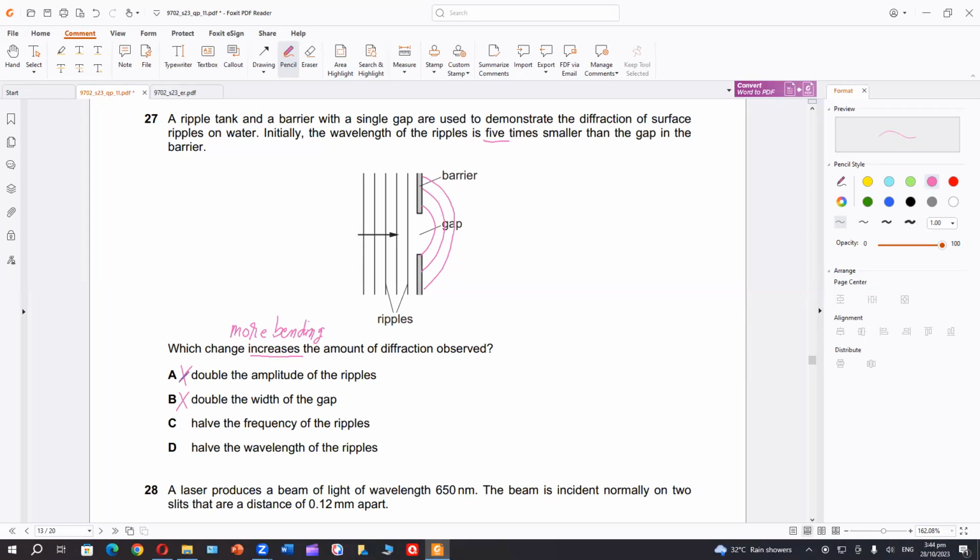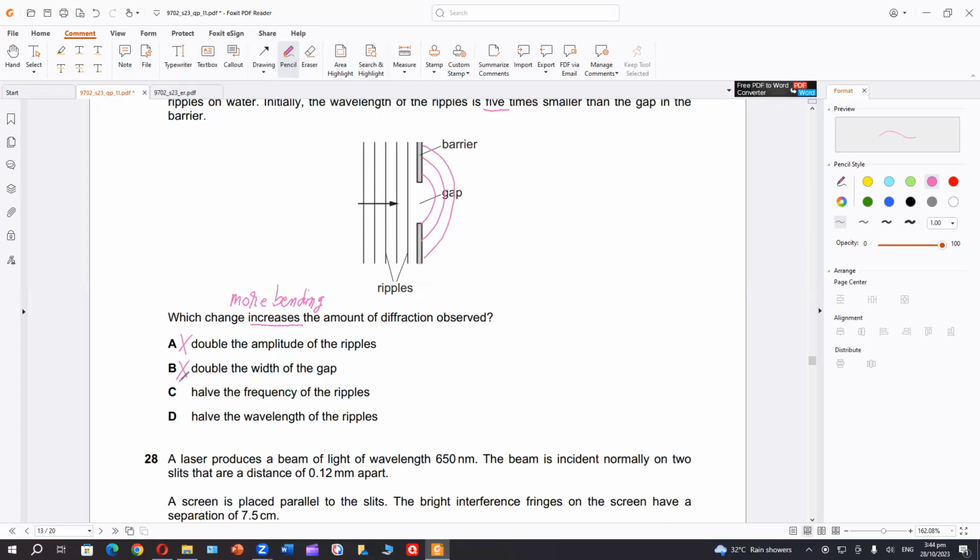Half the frequency of the ripple, velocity is constant. If I keep velocity constant, V is constant, and it means frequency and wavelength are inversely proportional.